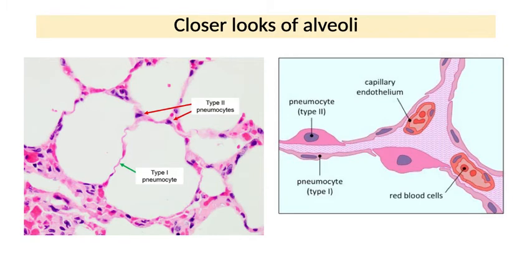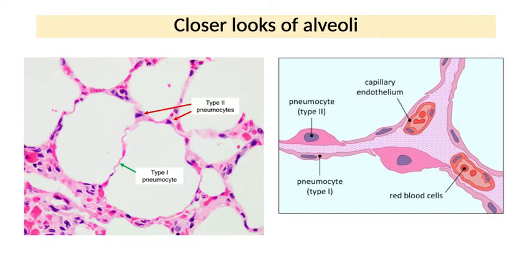Now, these are the closer looks of alveoli under the microscope with larger magnification power. On this slide, you can see there are two types of alveoli cells, or we call them pneumocytes. That is type 1 pneumocytes and type 2 pneumocytes.